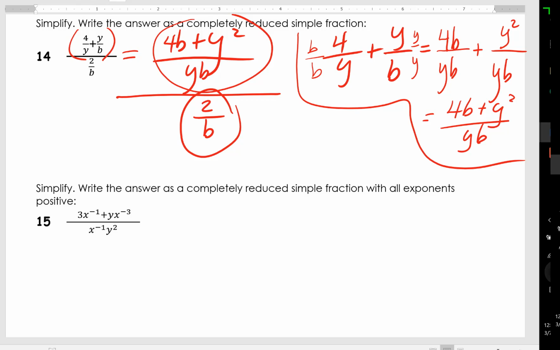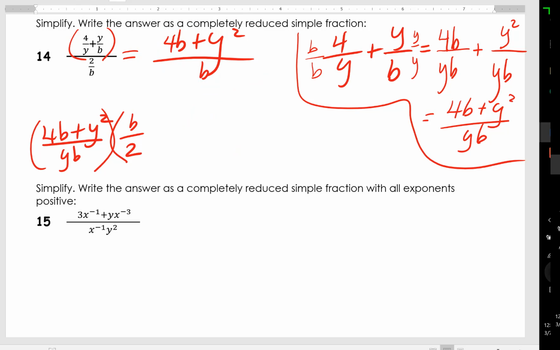And when you divide fractions, you multiply by the reciprocal. So I'm going to have 4b plus y squared over yb times the reciprocal of 2 over b, so b over 2. I'm going to have to erase that so that I can have room.